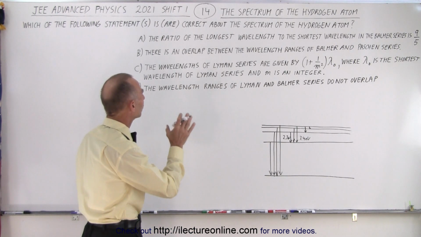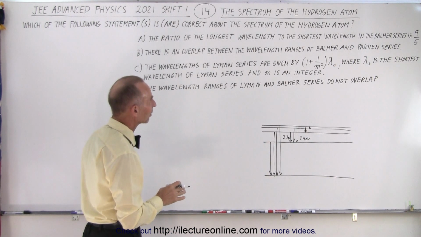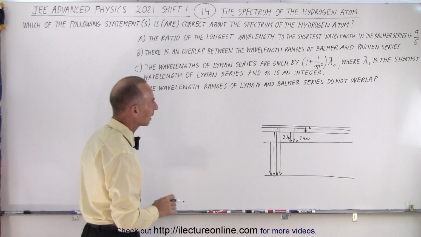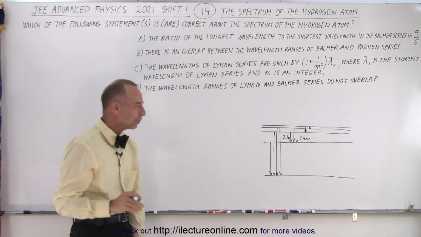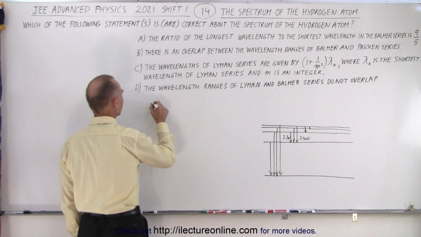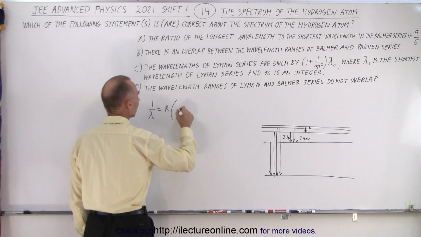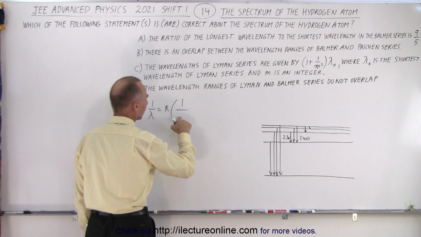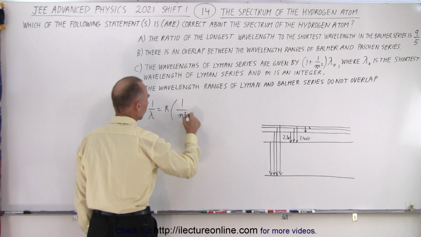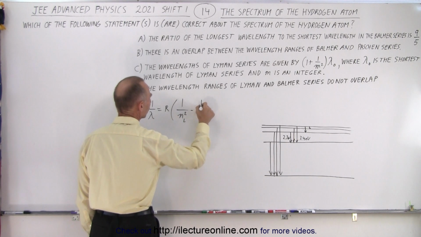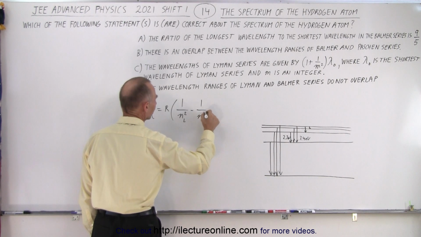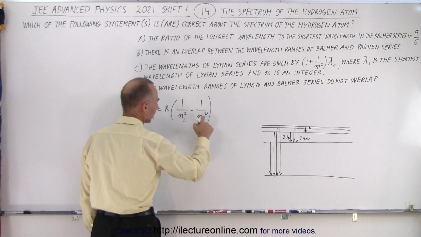What we need to figure out is to calculate the ratio of the wavelengths from the shortest to the longest in the Balmer series. So how do we do that? Well, we start with the equation 1 over the wavelength equals the Rydberg constant times 1 over n squared for the lower level minus 1 over n squared for the upper level.